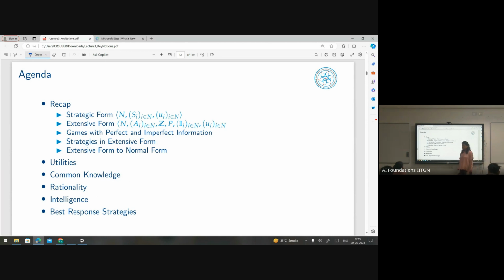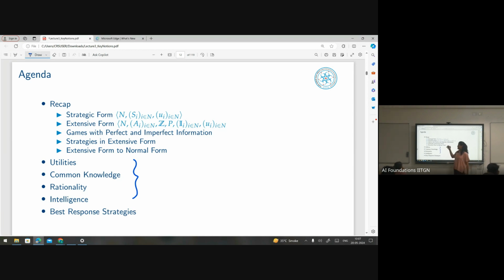So in today's class, what essentially we are going to establish is the basic assumptions that we have in game theory. Now, why do we need such assumptions? We need to determine what an outcome of the game is. What helps us determine what an outcome or equilibrium of a game is are these assumptions.